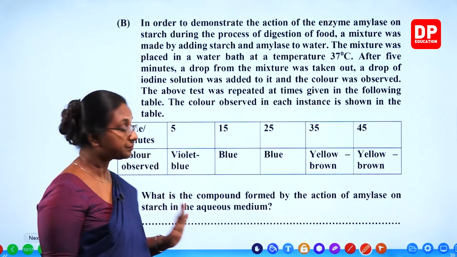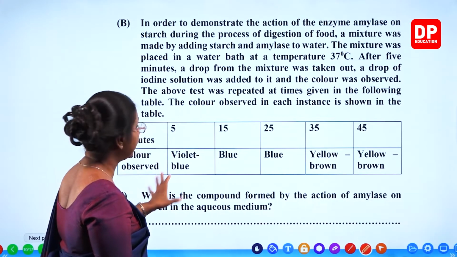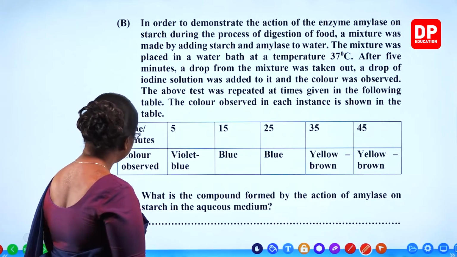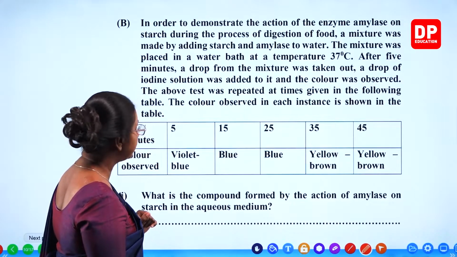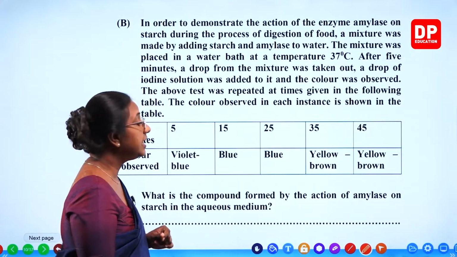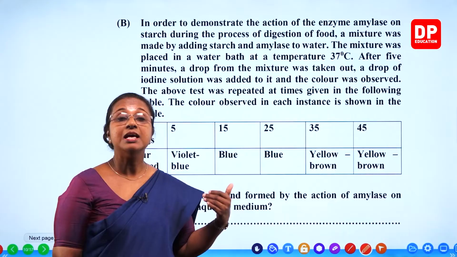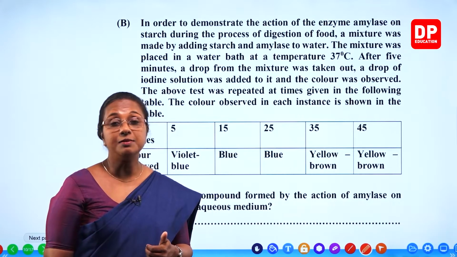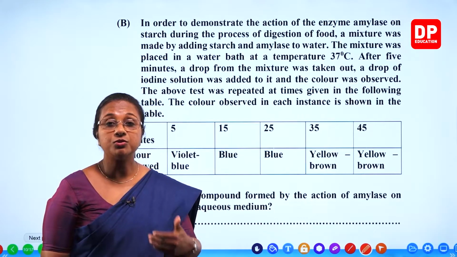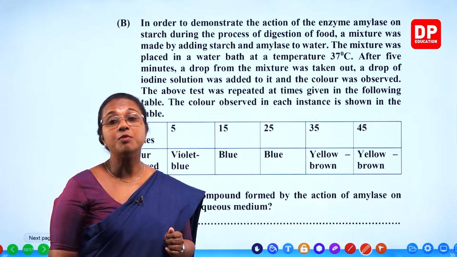Is that clear? So related to that, if we answer the questions, the first one, what is the compound formed by the action of amylase on starch in the aqueous medium? So like I said, starch is converted to maltose, which is an intermediate product. Then thereafter maltose is converted to glucose by maltase.